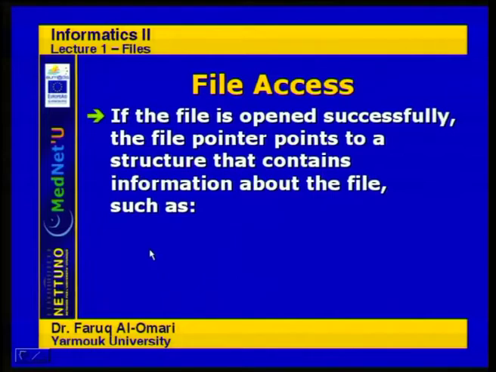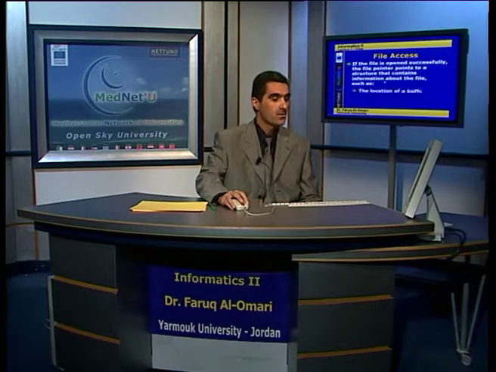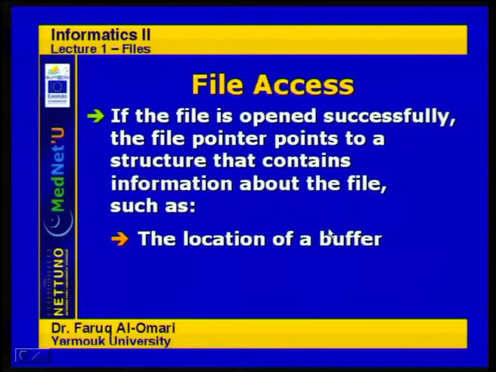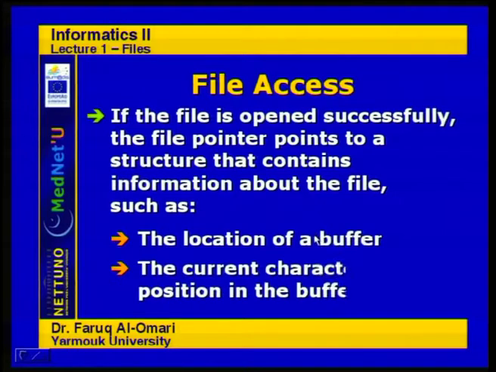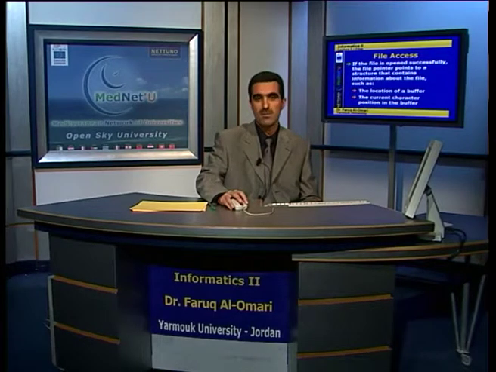On the other hand, if the file is opened successfully, then the file pointer is going to point to a structure that contains information about the file. Among this information is the content of the file, the data you're trying to access. Part of that information is the location of the file in the buffer, or in the memory, basically. The current character position in the buffer. When you open it the first time, that pointer is going to be pointing to the first character in that file.